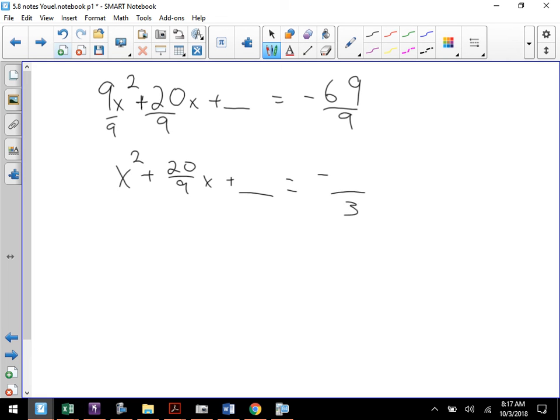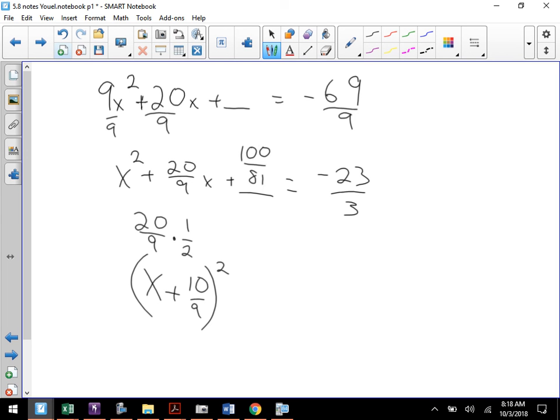So that's 3, 23. So half of 20 over 9 is 10 over 9. Square it, you get 100 over 81.